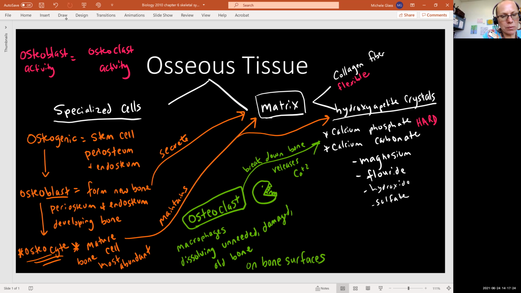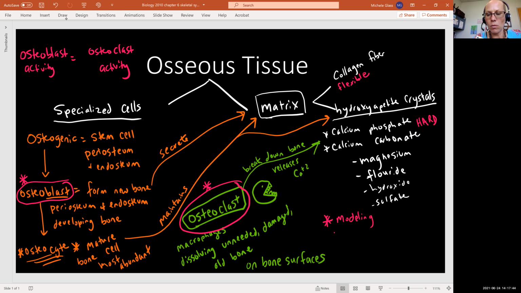So there's this important relationship between the osteoblast and the osteoclast. I'm going to give it a little asterisk beside osteoblast and an asterisk beside osteoclast, and I'm going to mention that we're going to see them involved in both modeling, remodeling, which we'll define a little bit later, and calcium ion regulation.